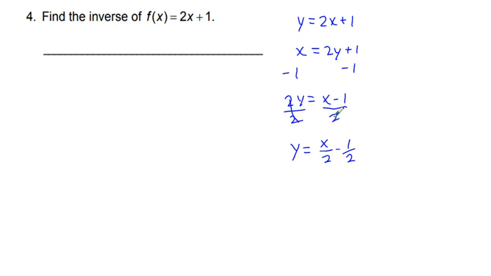Now if you left it like this, y equals x minus 1 over 2, that really is a correct answer. The last step I'm going to do is change that x over 2 to 1/2 x minus 1/2. Not that you had to do that to get it correct. And then finally, in inverse function notation, f negative 1 of x equals 1/2 x minus 1/2.